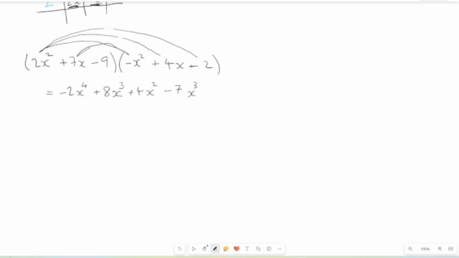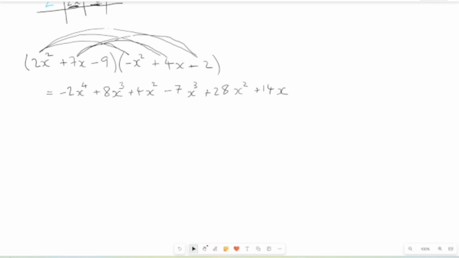Now we do this 7x times the second element. 7x times 4x, 7 4s are 28, it's all positive, plus 28. X times x is x squared. And then we do 7x times plus 2. 2 7s are 14. And x times, well, there isn't anything, so it's just x.